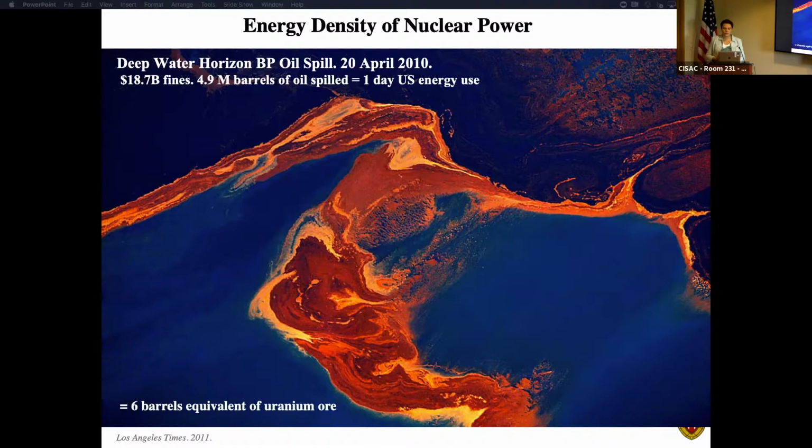If we were to look at what would be the volume of mined uranium ore, that would be equivalent to 1 day of US energy usage. That volume is about 6 barrels equivalent of uranium ore. So the energy difference between fossil fuel and nuclear energy is staggering. You go from order of magnitude of million to order of magnitude of 1.